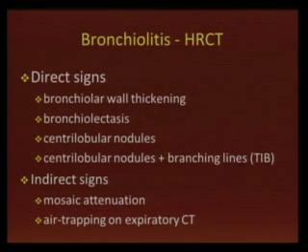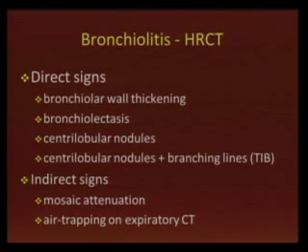What are the direct signs or findings you can see in cases of bronchiolitis when you are performing high-resolution CT? The most typical appearance of small airway disease is the tree-in-bud pattern, which is centrilobular nodules with branching lines.